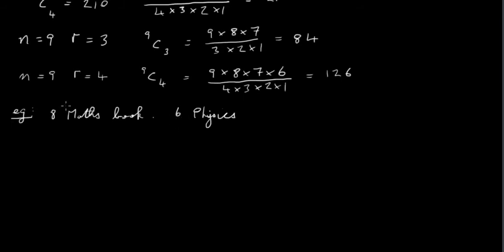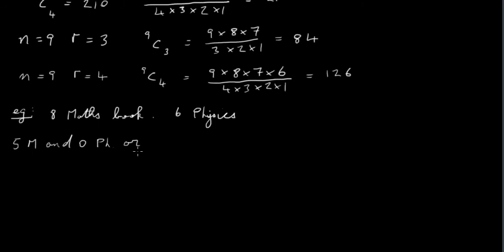What are our possibilities? Remember, we have 5 books and we always must have more maths books than physics books. So let's have a look at that. What are the possibilities? Well, we could have 5 maths books, and we could have no physics books. That's one possibility.